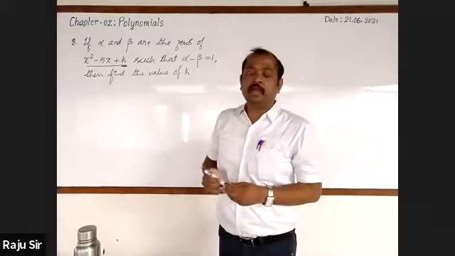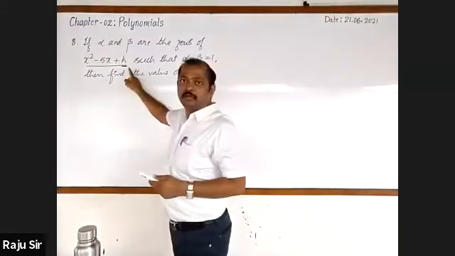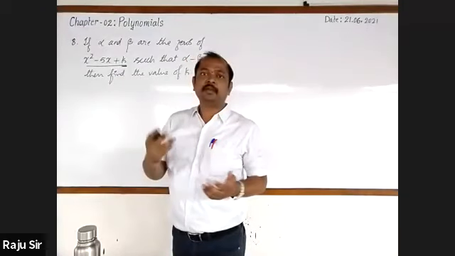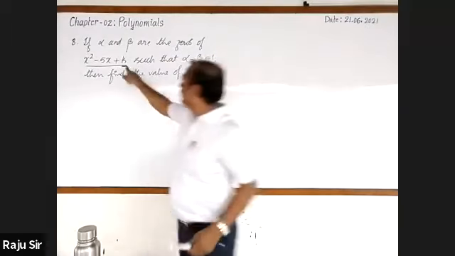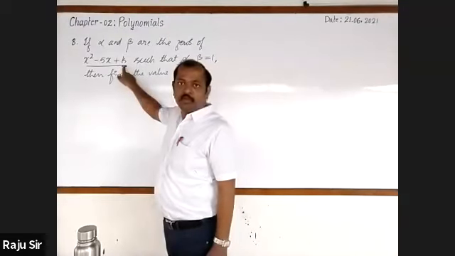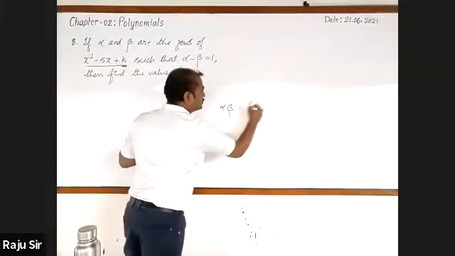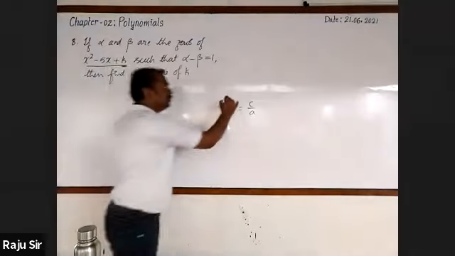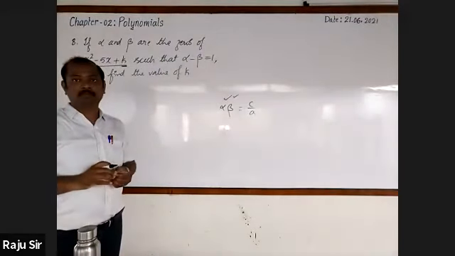We know that we have a relationship between zeros and coefficients. One is alpha plus beta is equal to minus b by a, and another one is alpha into beta is c by a. Okay, k is in place of c. So you all know that alpha into beta equals c by a. If you want to find the value of k, you must know the values of alpha and beta, right?